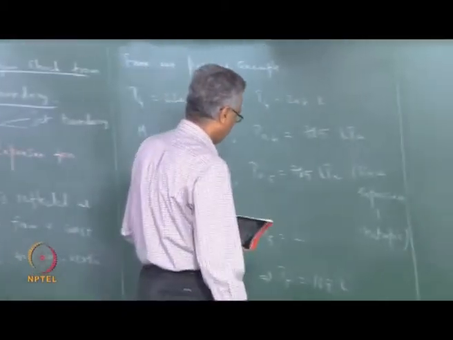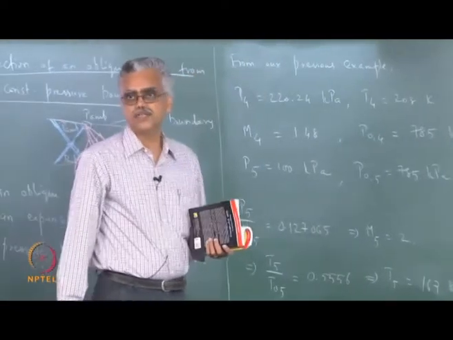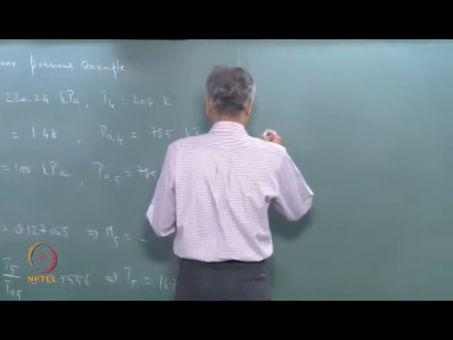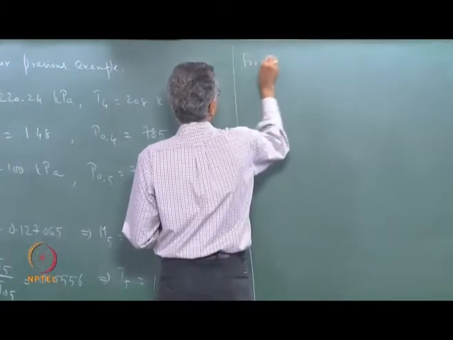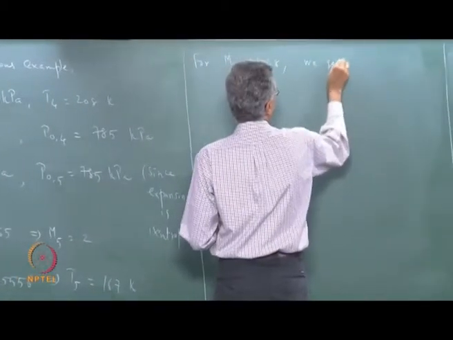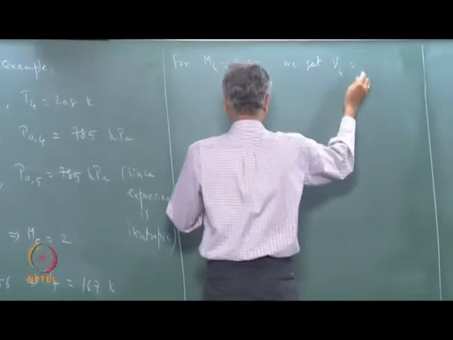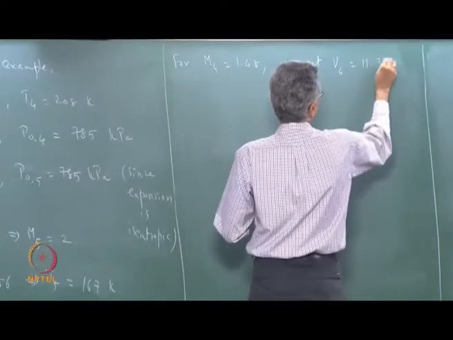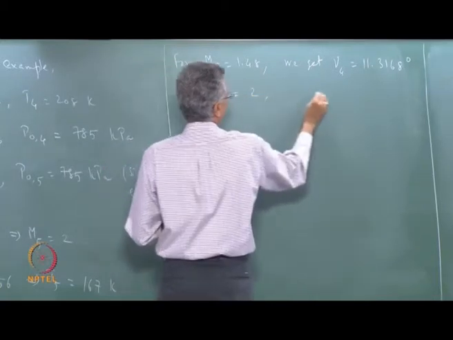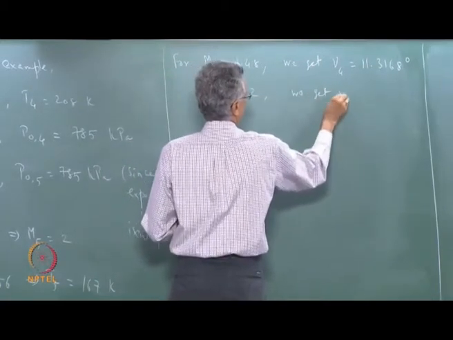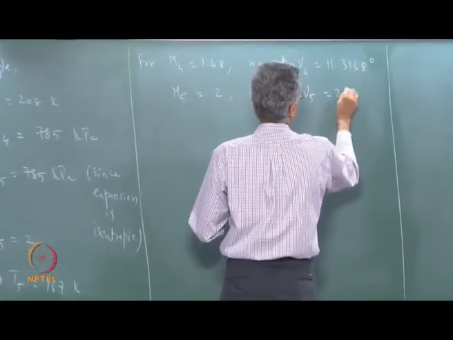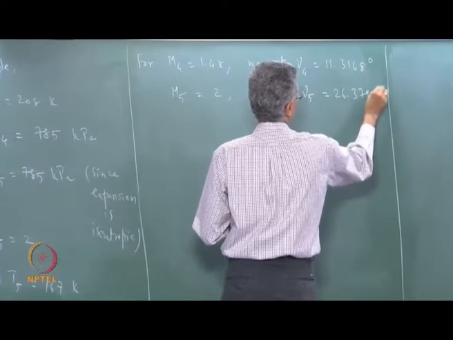Now, we are also asked to calculate the angle that the edge of the jet makes with the horizontal. Let us calculate this and finish the problem. So, from the tables, for M4 equal to 1.48, we get nu 4 is equal to 11.3168 degrees, and for M5 equal to 2, we get nu 5 is equal to 26.3795 degrees.